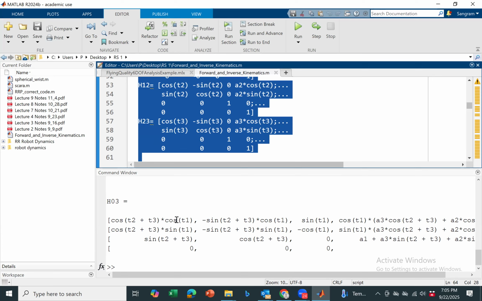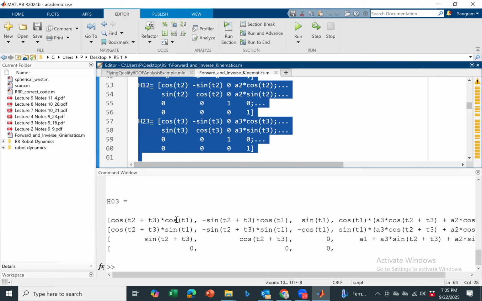Everything here is in frame 0, because frame 0 is the inertial frame.